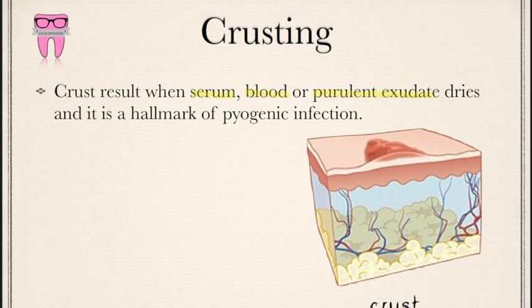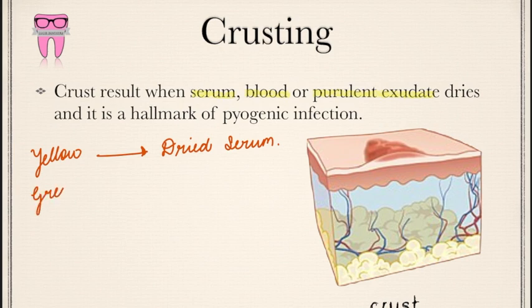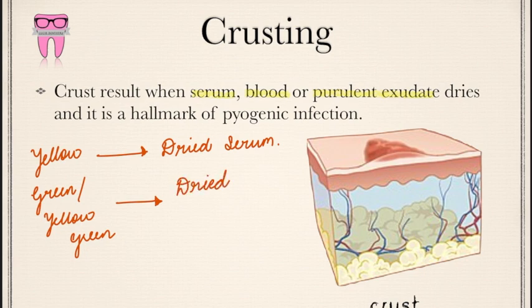Now there are various changes in the color of the crusting. If the crusting is yellow, it could be because of dried serum. And if the crusting is green or yellow green, it could be because of dried pus or purulent exudate.